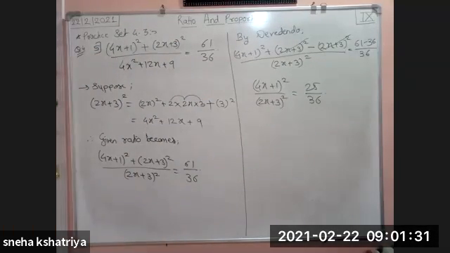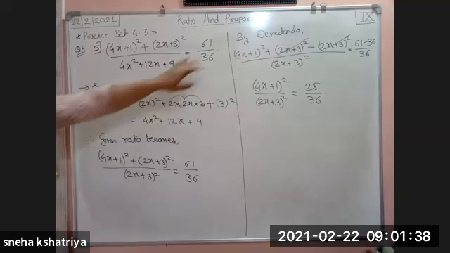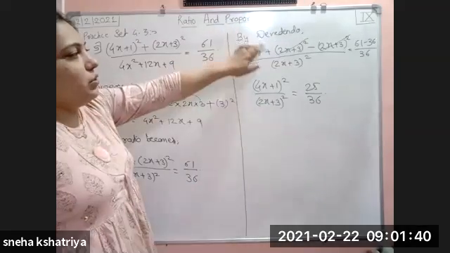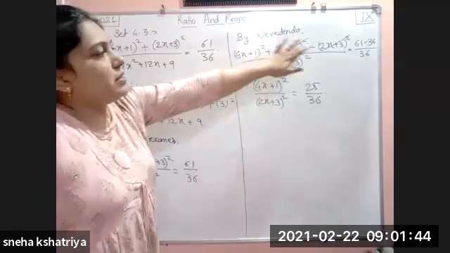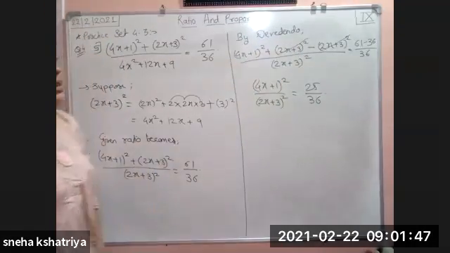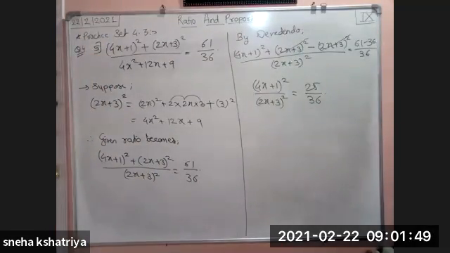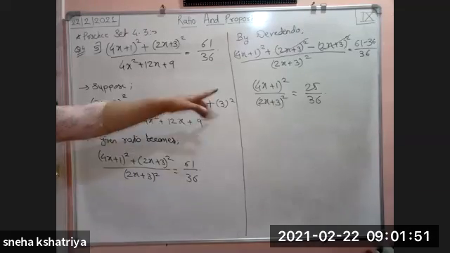You don't have to change the denominator. Whatever calculations we are doing, we are just doing at the numerator side, because we are using dividendo, and dividendo means we have to subtract the denominator. This plus and minus term get cancelled, and then the calculation 61 minus 36 becomes 25.